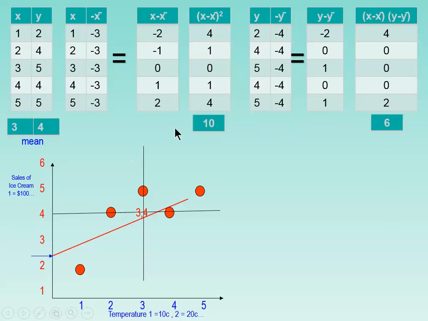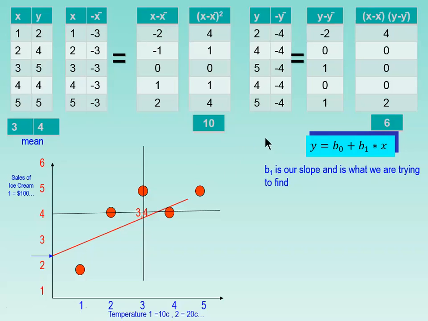Okay, so now we have all the numbers we need for our equation. And this is our equation: y equals b0 plus b1 times x. We have all our numbers here. These are the numbers we're using in this equation.